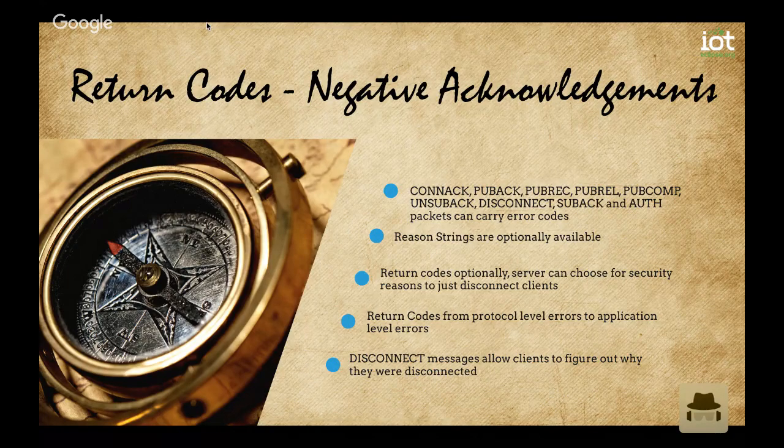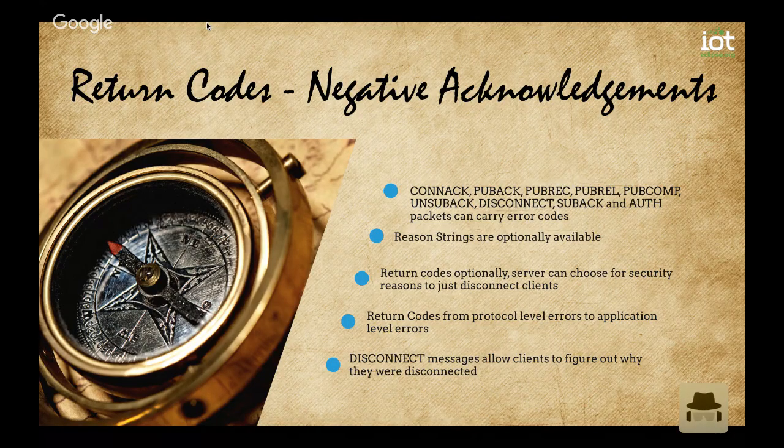So now the broker and the client can say, sorry, we have a problem here, and this is the problem. There are reason strings defined, which are human readable, which the broker and the client can send if they want to, but they don't need to. And it also sends a return code. These return codes are specified.